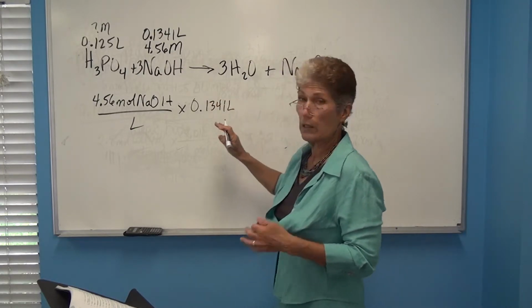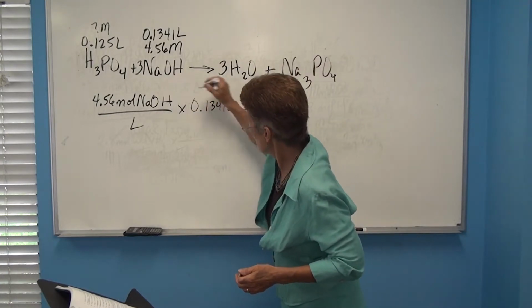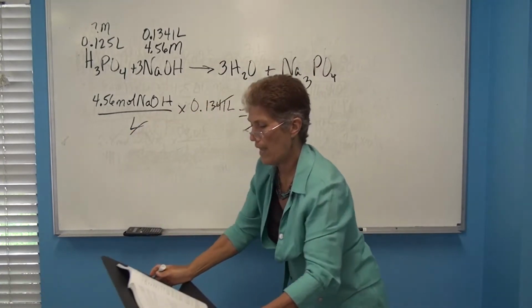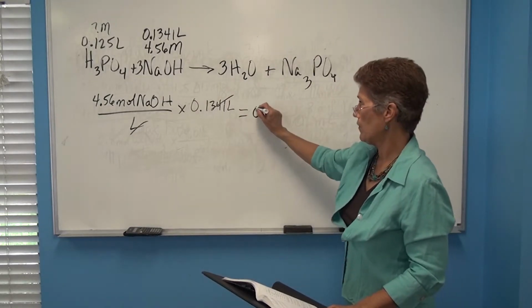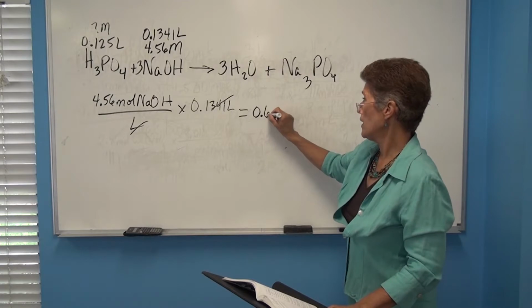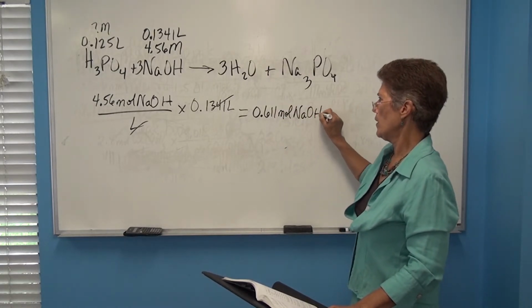Remember, that was our milliliters that we converted. And so these will cancel, and that's going to leave me with the number of moles of sodium hydroxide in 3 significant figures, 0.611 moles of sodium hydroxide.